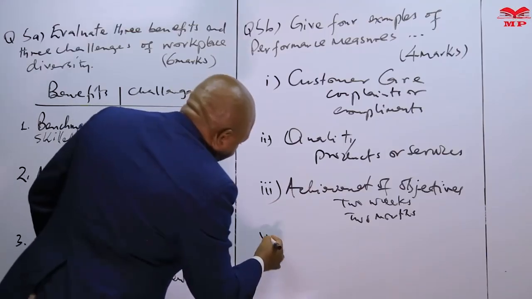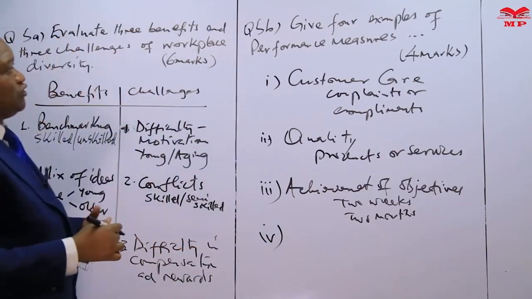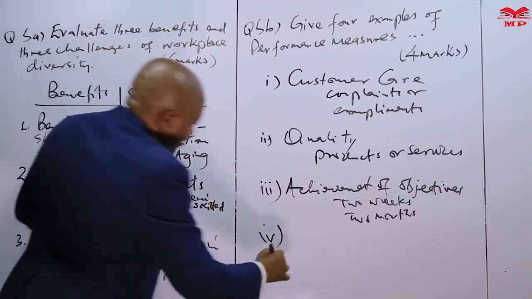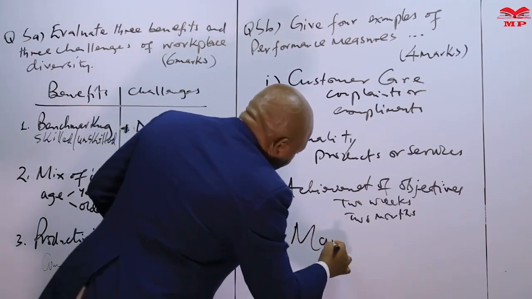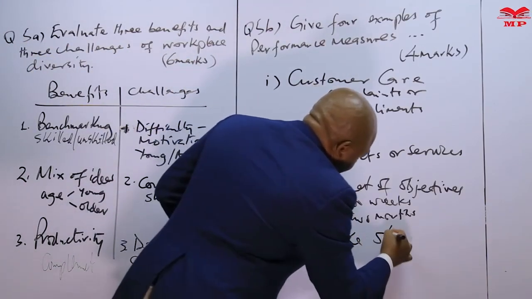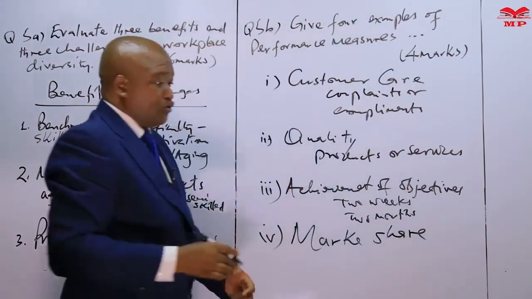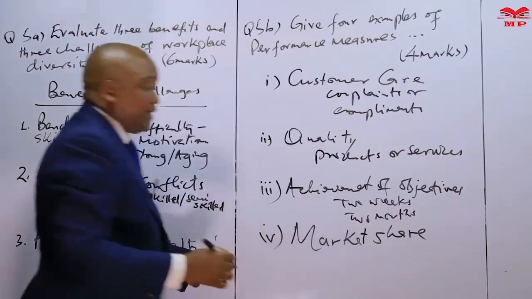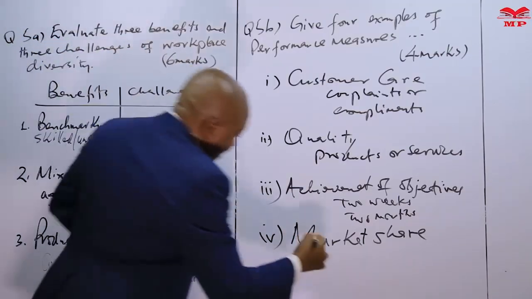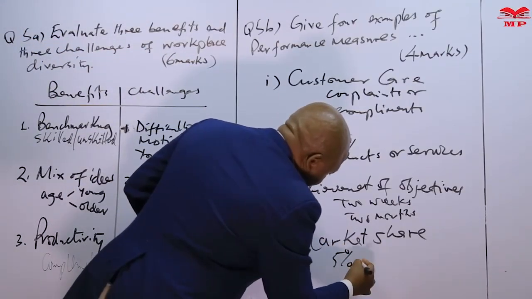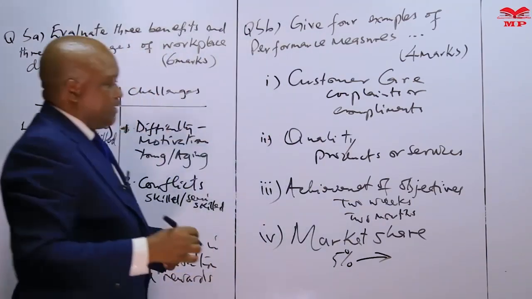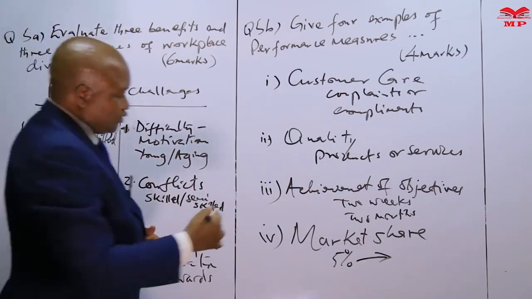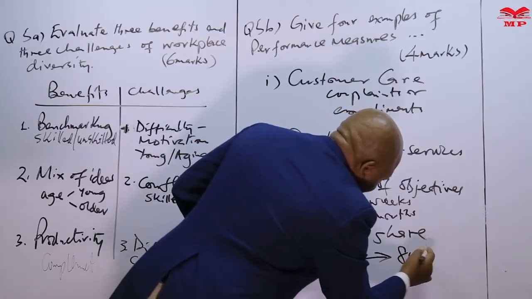Another indicator that could be used in relation to performance for employees, for instance, who work in the marketing department, could be the level of market share. An organization could be operating in an environment where the market share for its products or services is 5%, and in a given period of time, they set that the market share should be increased to, say, 8%.